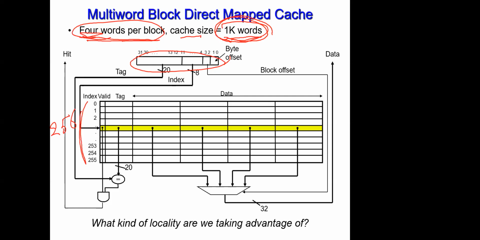So by giving you this, you can do whatever I will explain right now. First, 1K divided by 4, so you know now that you have 256 floors, but in each floor, you have 4 words. So in this floor, as an example, you have word number 1, word number 2, word number 3, word number 4.